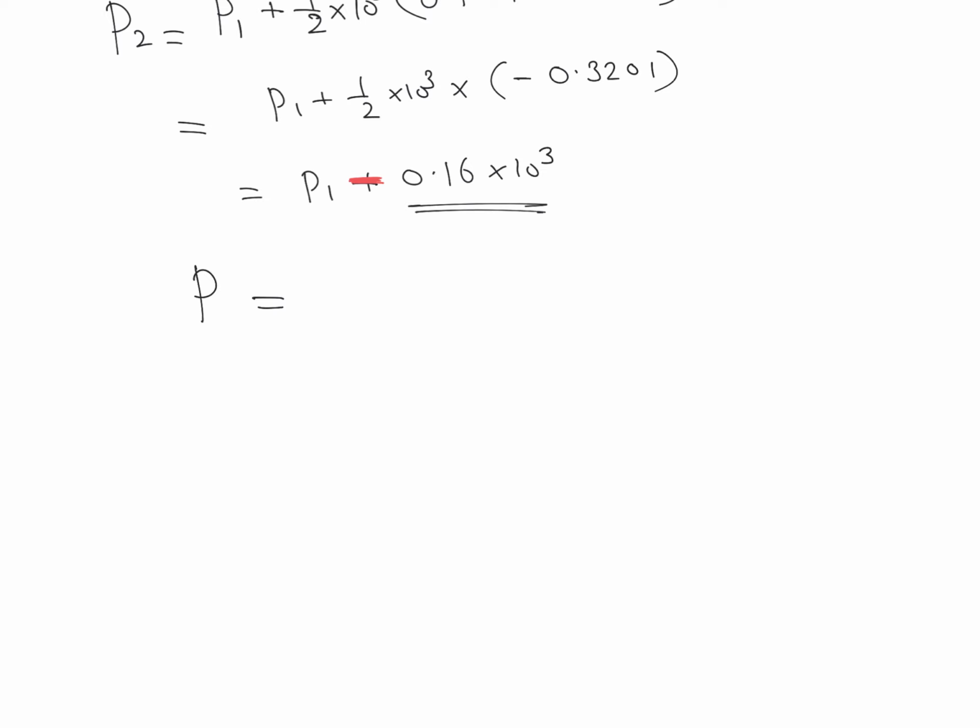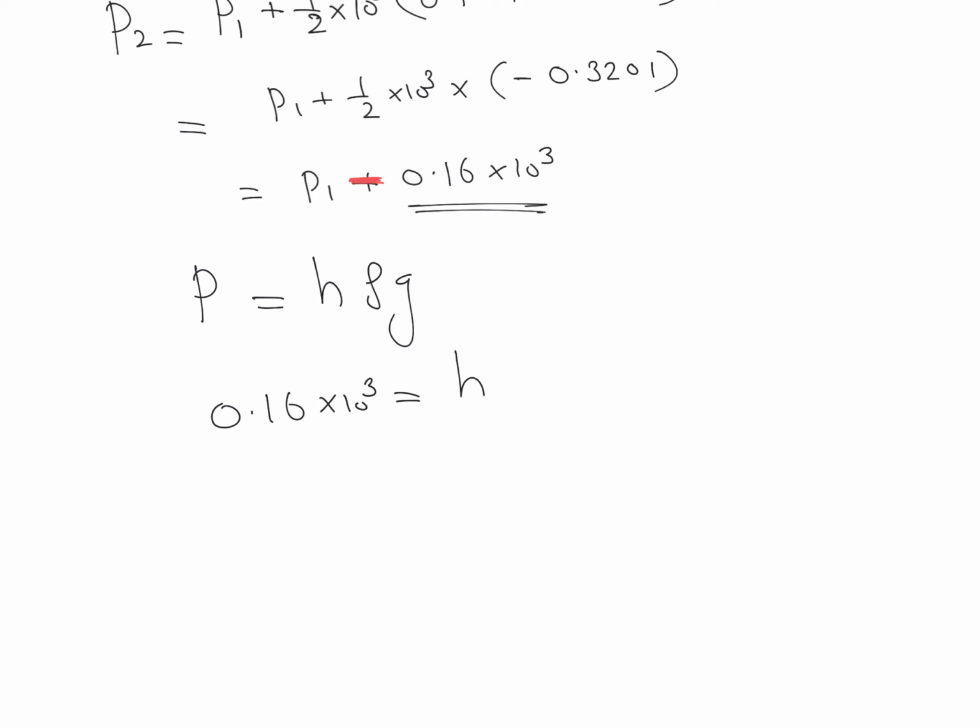Now in the question they are giving the answer in terms of centimeter of mercury. The equation for pressure is H into rho into G, where H is the height of liquid column, rho is the density of liquid, and G is the acceleration due to gravity. So we can find out 0.16 into 10 raised to 3 Pascal in terms of height of mercury column.